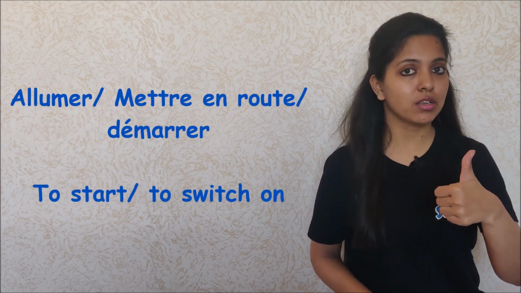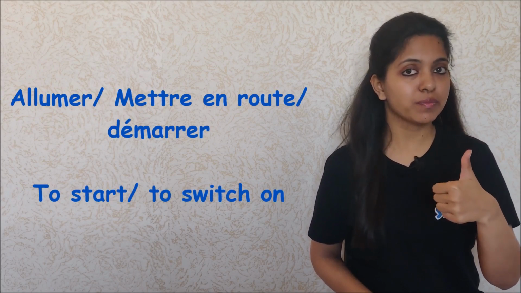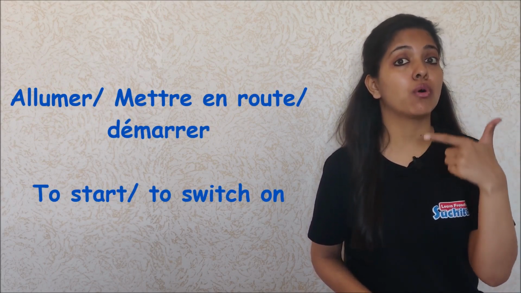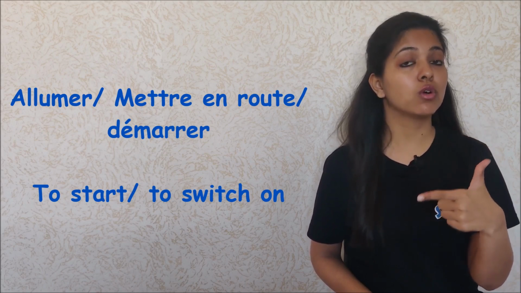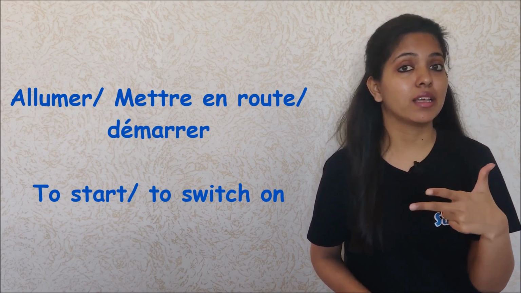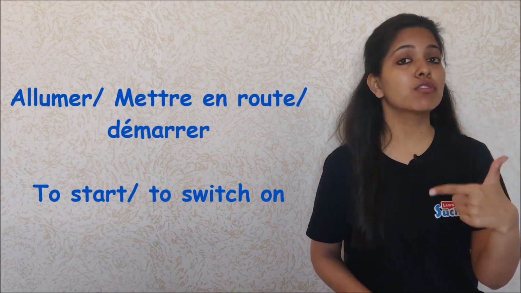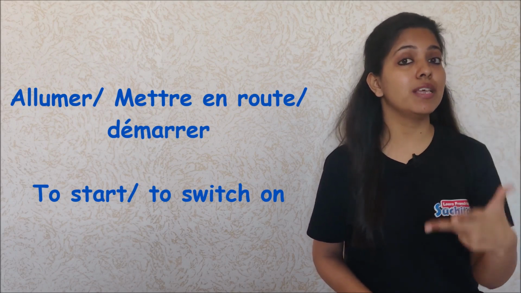Now, what is the first thing that we do while using the computers? We switch it on. So, the verb goes like this. On peut utiliser allumer, ou mettre en route, ou démarrer. Allumer, mettre en route ou démarrer.